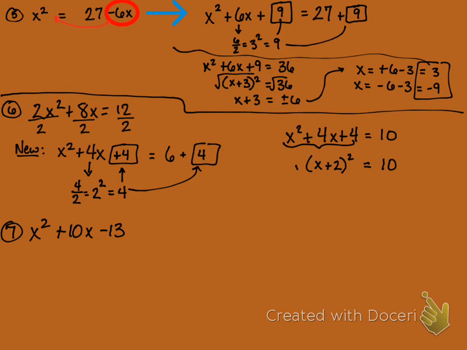And so your next step is just taking the square root. That gets everything to cancel. I have x plus 2 is equal to positive or negative square root of 10. All right, and we can go from here. So subtract 2. So x is equal to plus or minus square root of 10 minus 2.